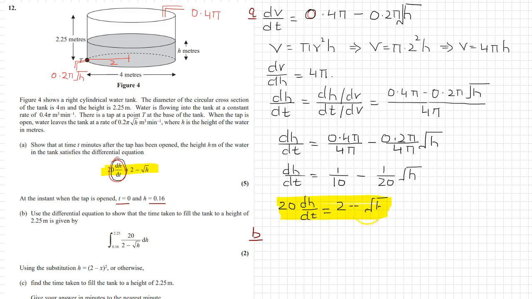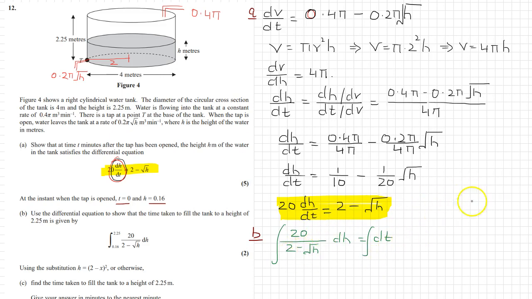So we try to solve this differential equation. 20 over 2 minus root h dh is equal to dt. So we do the integration.